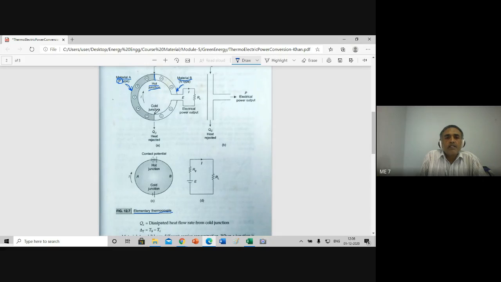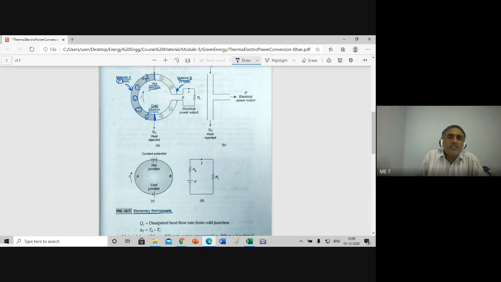And this is the cold junction. And these are the ions, simply called carriers, current carriers, electrons. Some chemistry terminology will come here.